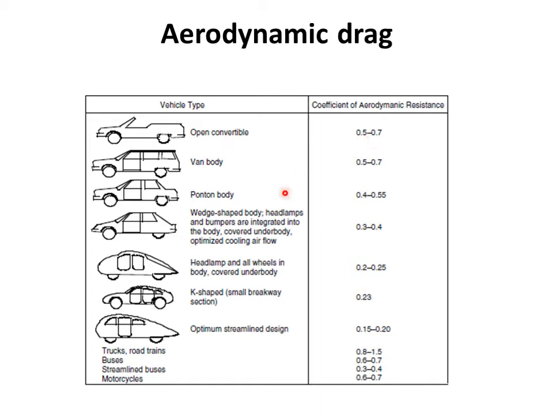Whereas if you go for an optimum streamlined design, its value is just 0.15 to 0.2. So by better design or optimum design of the vehicle, we can decrease this aerodynamic drag coefficient, and in turn reduce the resistive force due to aerodynamic drag.